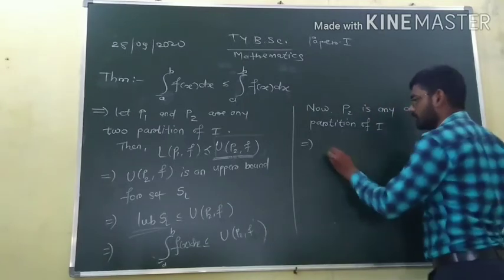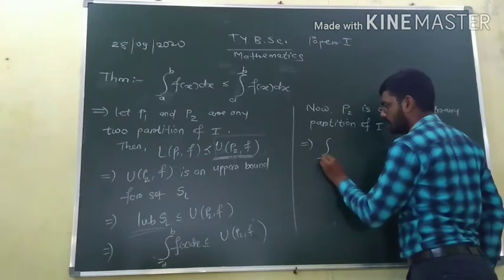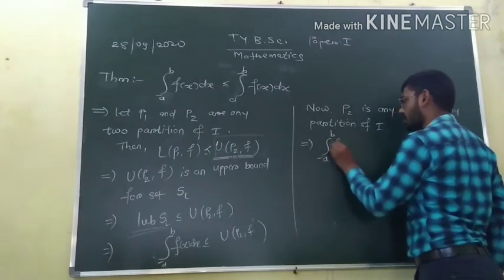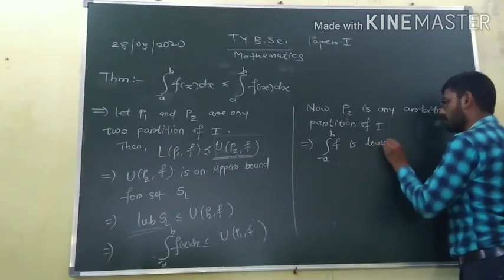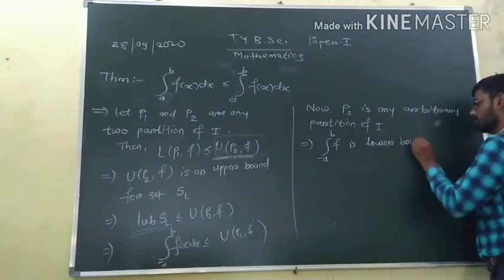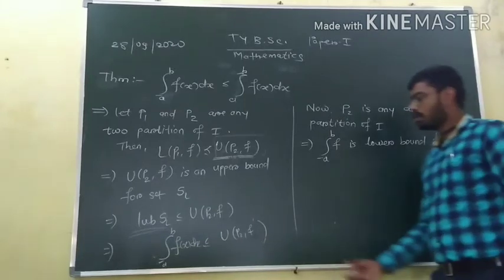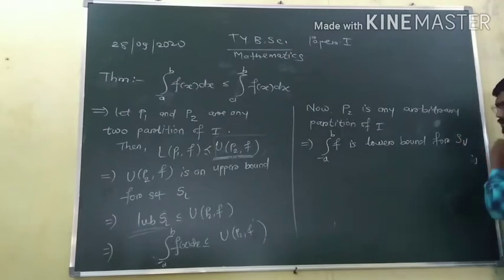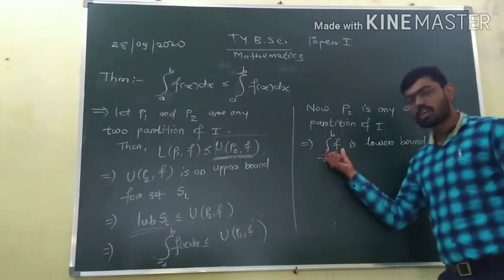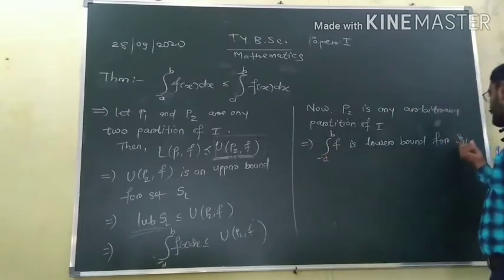That is, this lower integral from a to b of f is a lower bound for the set of all upper sums, that is SU. Now this is a lower bound.